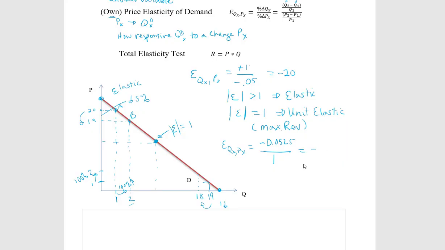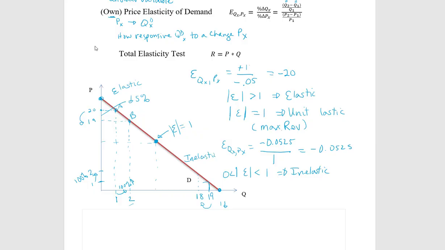It is 0.05. When our elasticity is less than 1, between 0 and 1, we say that demand curve is inelastic. People aren't very responsive to a change in price. So our price went up a lot. Our quantity demanded only went down a little. So in this range, we are inelastic.